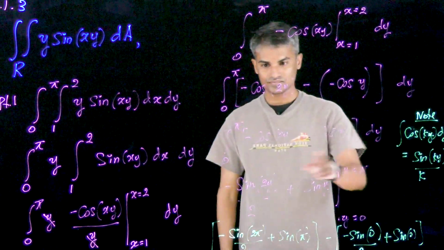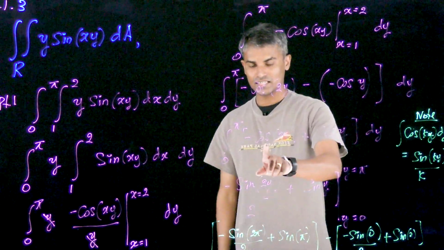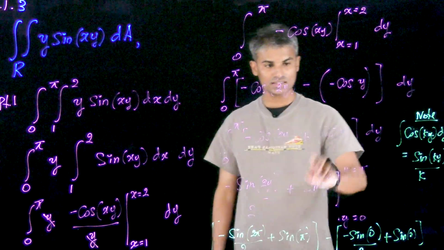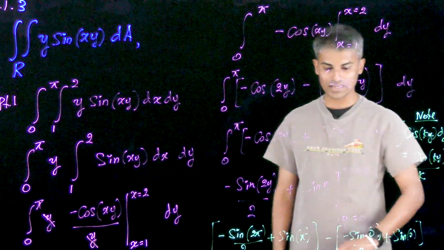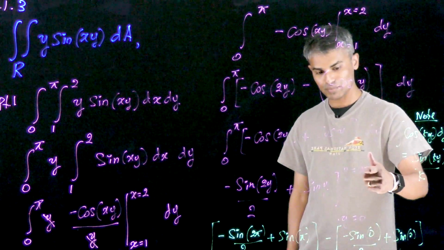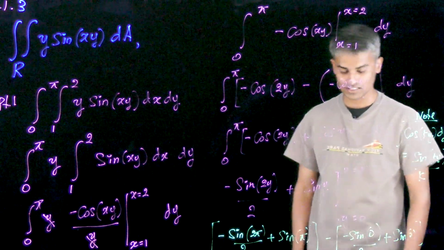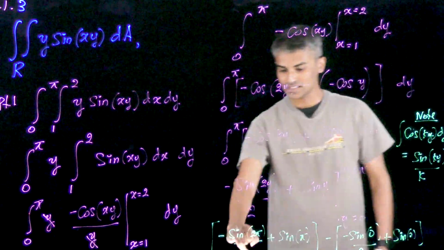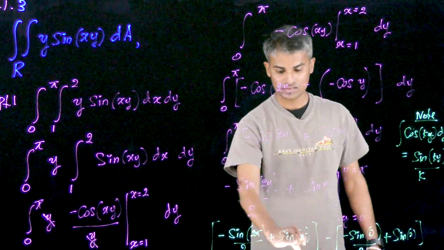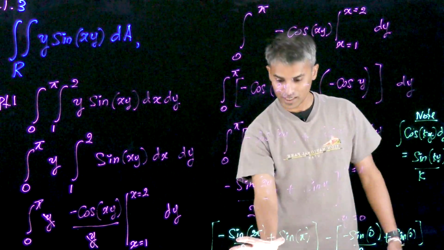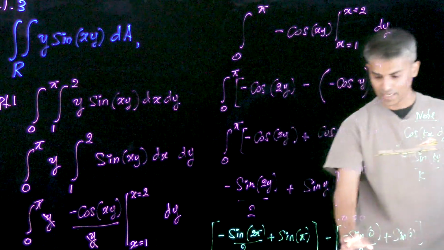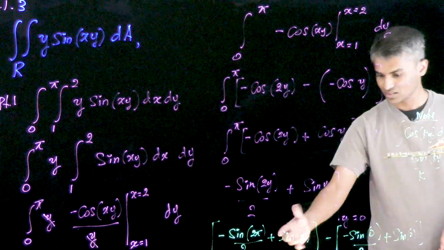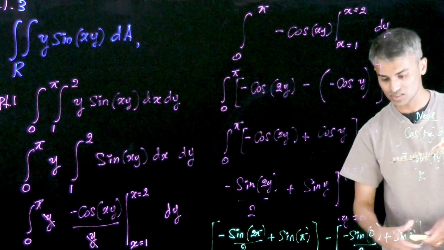Now, we have minus integral of cosine is sine of 2y over 2 plus integral of cosine y is sine y, and then we need to apply this upper limit which is pi and the lower limit which is 0. If you do that, you will get this expression, but sine 2 pi equals 0, sine pi is 0. So this part equals 0, minus sine 0 is 0, again sine 0 is 0, and the second part is also 0.